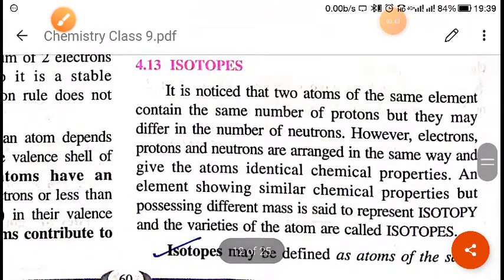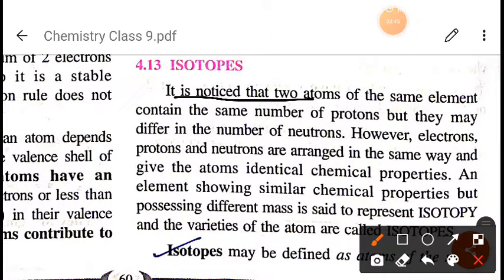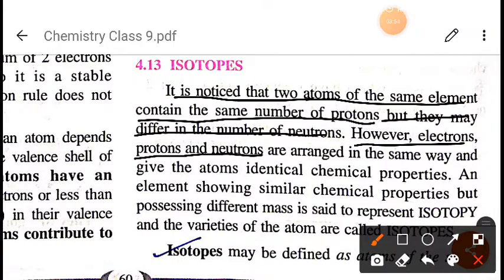It has been noticed that two atoms of the same element contain the same number of protons, but they may differ in the number of neutrons. However, the electrons, protons and neutrons are arranged in the same way and give the same identical chemical properties.